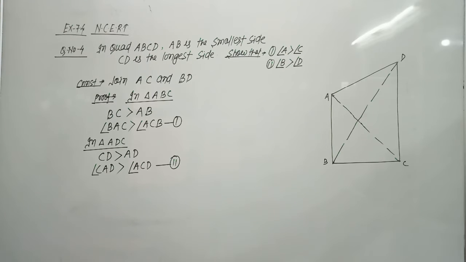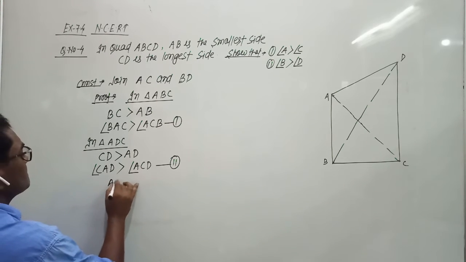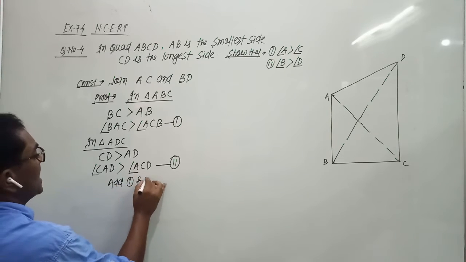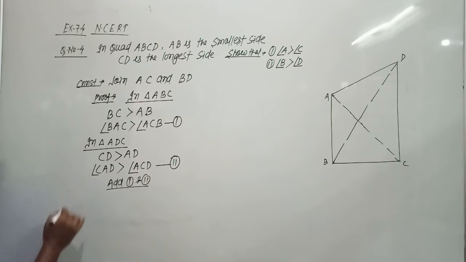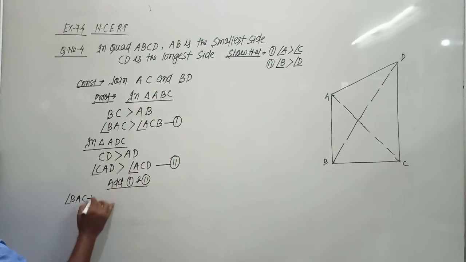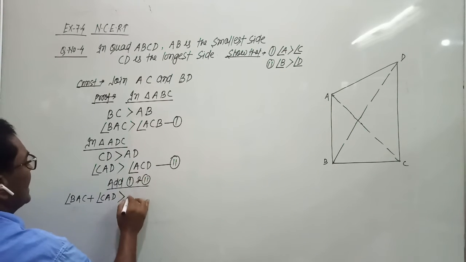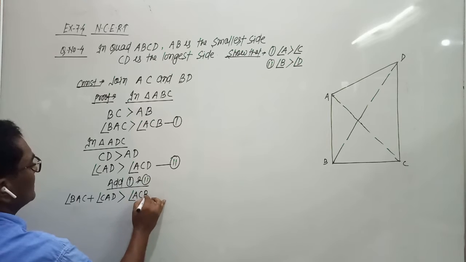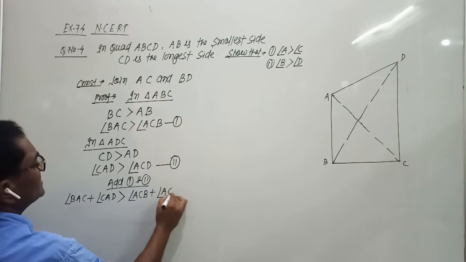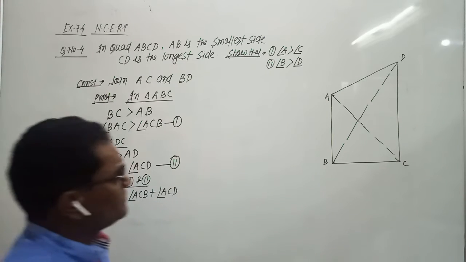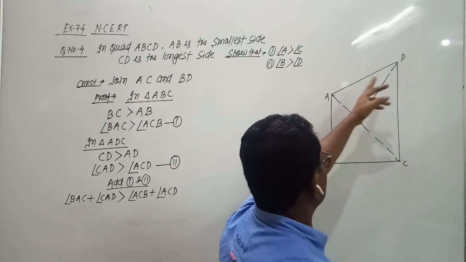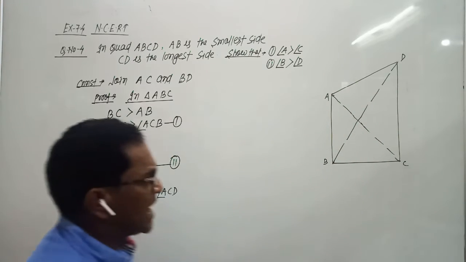Now add first and second. So angle BAC plus angle CAD is greater than angle ACB plus angle ACD. BAC plus CAD is written as angle BAD.